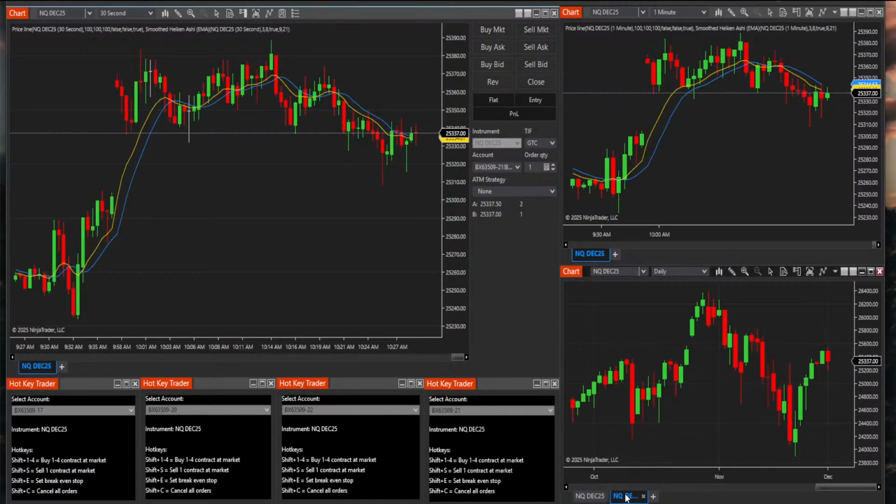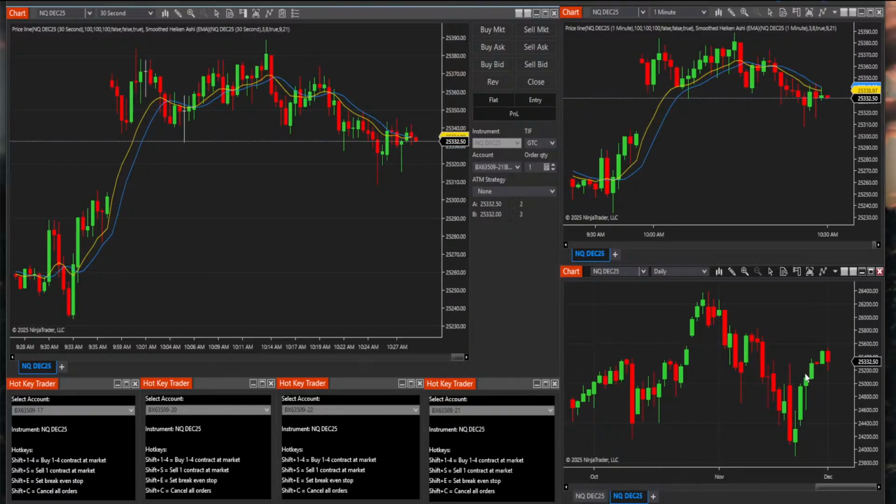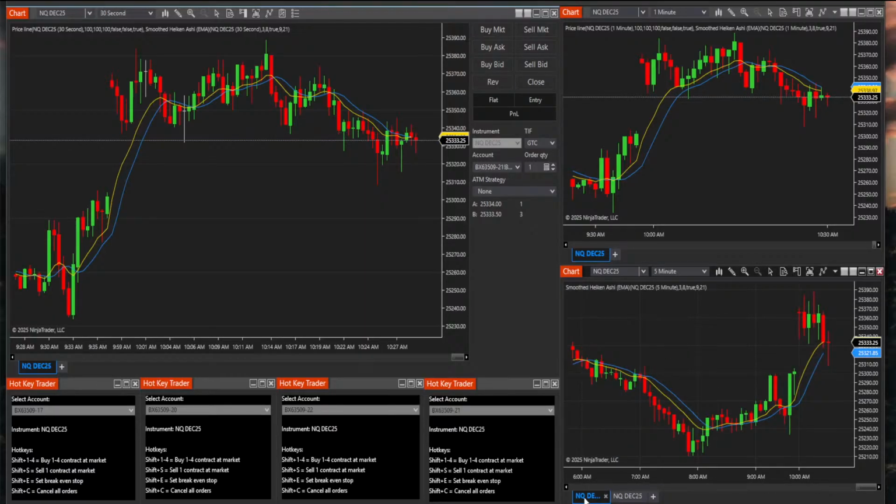Let's look at the daily. You see how the daily is still down. We had a little doji candle right there. I mean, yeah, we kind of popped up here, but the daily is not looking too hot, to be quite honest, people.